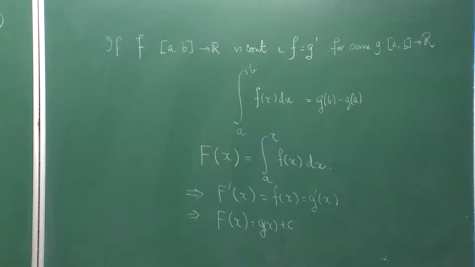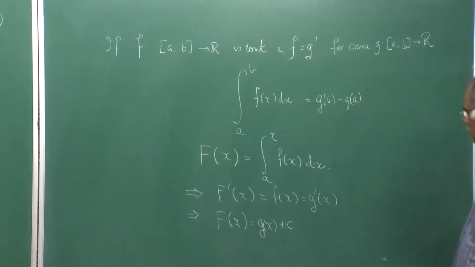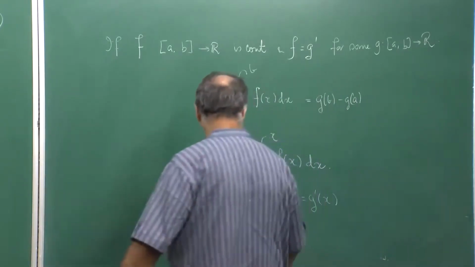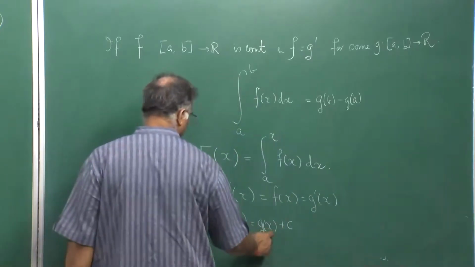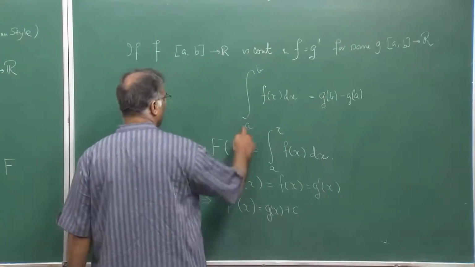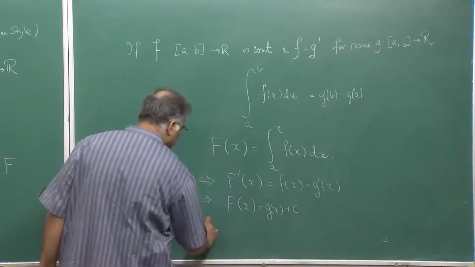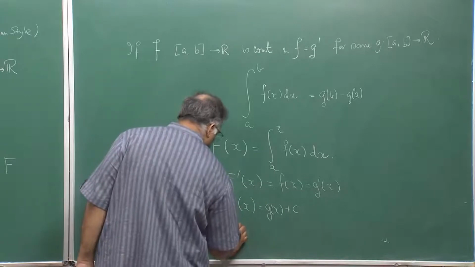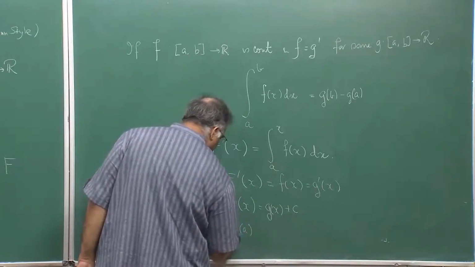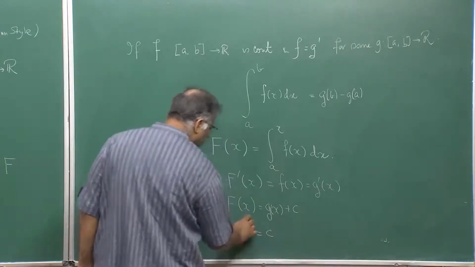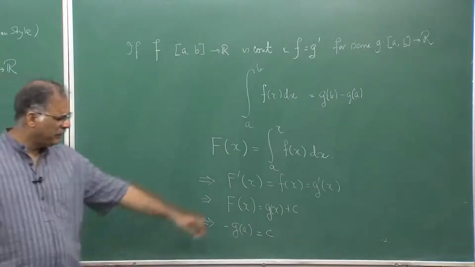Of course, you know from here that if I put x equal to a, then F(a) is nothing but 0. So, g(a) plus c equal to 0, so minus g(a) equal to c, because if I put a here, F(a) would become 0.